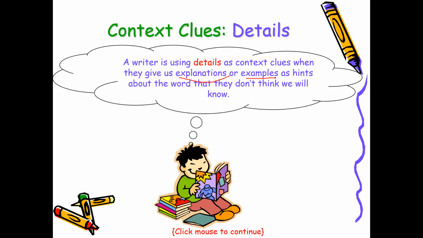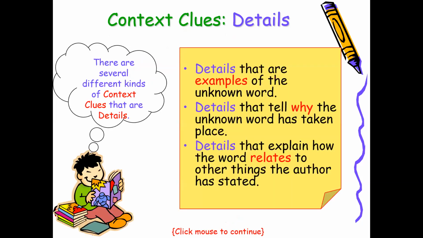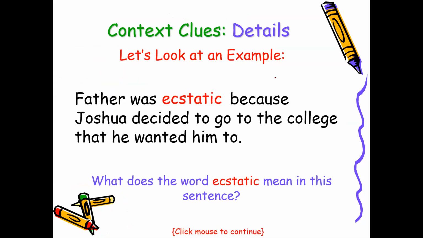And from these explanations, these examples, these descriptions, details, we can try to figure out the word that we don't really know. So remember, details can be examples of the unknown word, can tell us why the unknown word has taken place, and that would be an explanation. Details also can be how the word relates to other things the author has stated. So let's see an example.